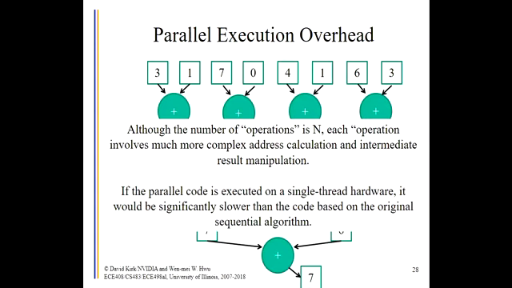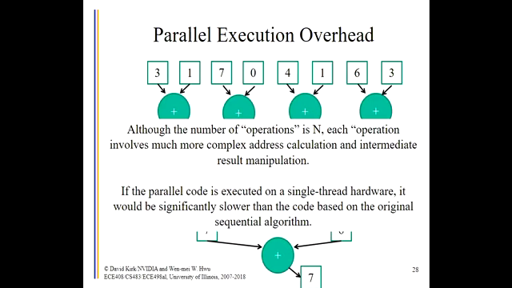But if we do that, the sequentialized version of the parallel code will run significantly slower than the original sequential code where you just use a pointer to traverse all the elements. So this is a classical example of parallel code running slower if you use very few parallel processors.